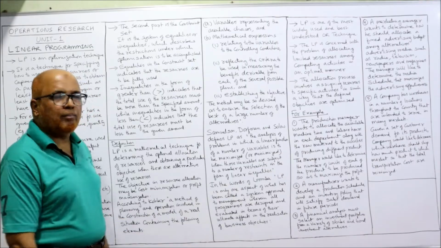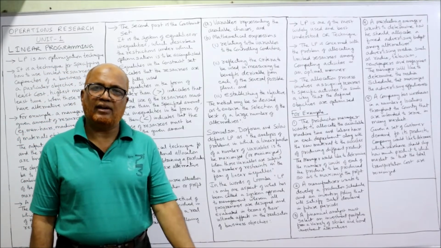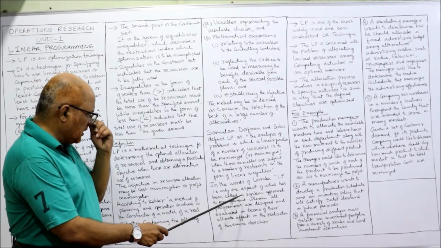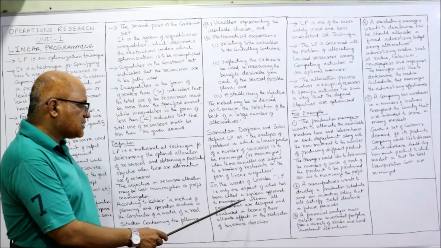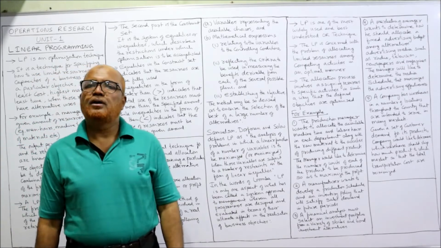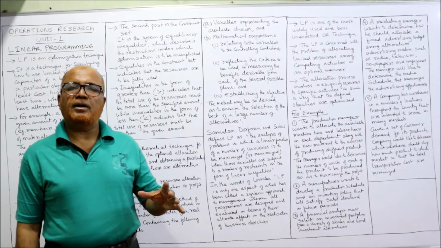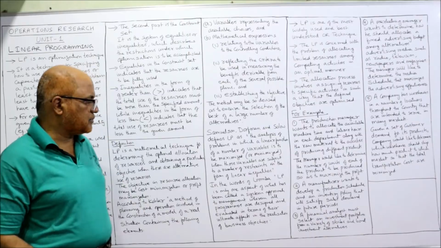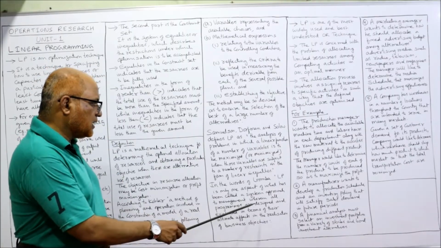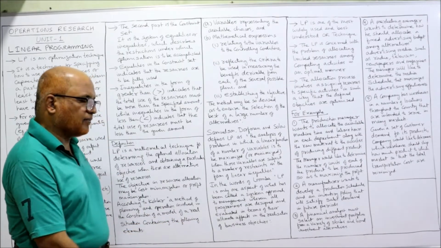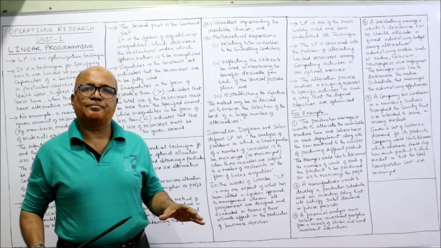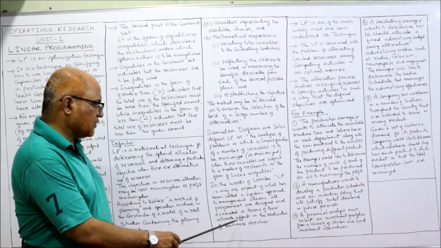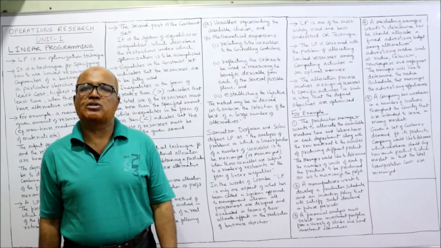Now, in the words of Lumba, another author who has given a definition of linear programming: Linear programming is only one of the aspects of what has been called a systems approach to management. Lumba says this linear programming is a systems approach to management to solve problems, wherein all the programs are designed and evaluated in terms of their ultimate effects. What will be the ultimate effect on the objective, the effect in the realization of business objectives.